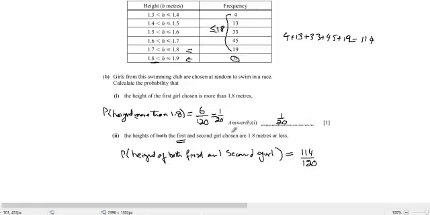Once you choose the first girl, the total number of girls will be 119, because it's not a case of replacement, it's without replacement. So the total number of girls will be 119 because you have already chosen one girl. So for the second girl, the total sample space will be 119, and the height less than or equal to 1.8 will not be 114, it will be 113. So we will multiply it together and then 0.902.